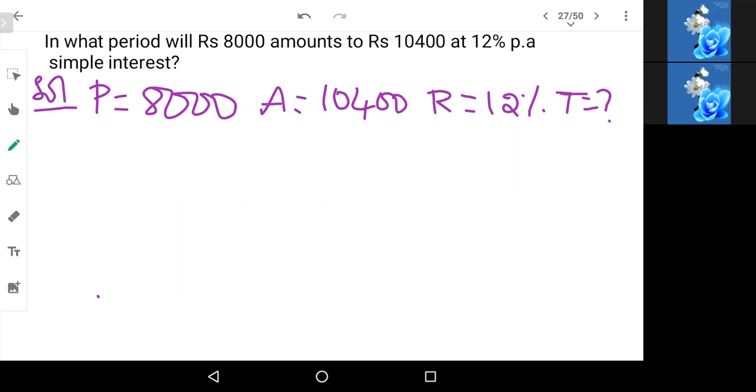Now solve this and say me what should be the time. Let's see who can say me the answer quickly. Same method, how we solved the previous one, use the same method to solve.